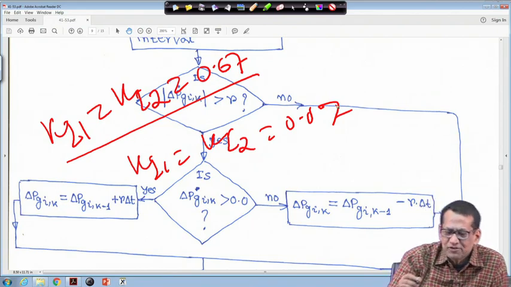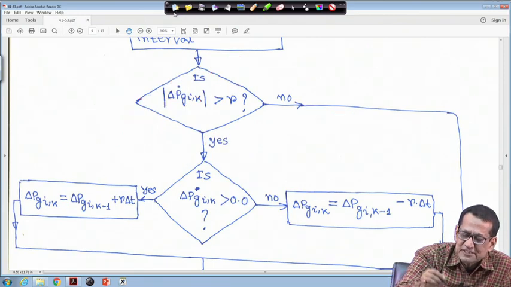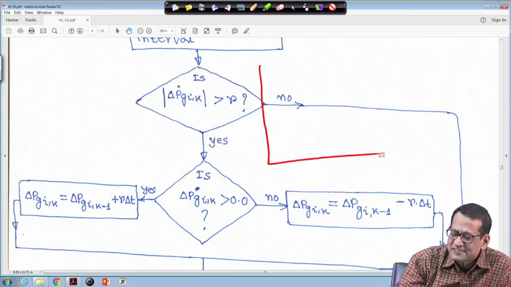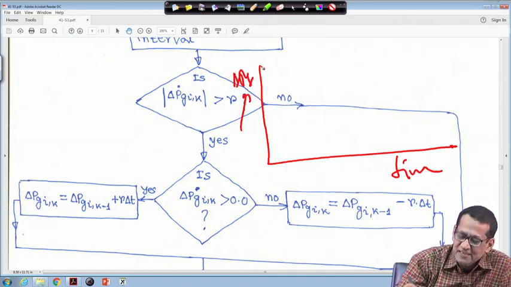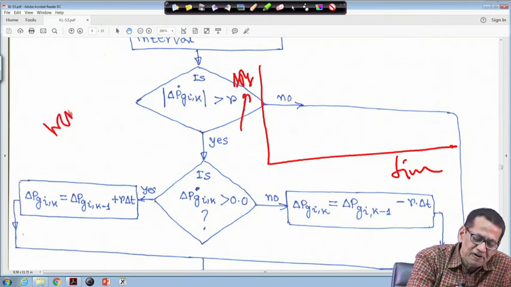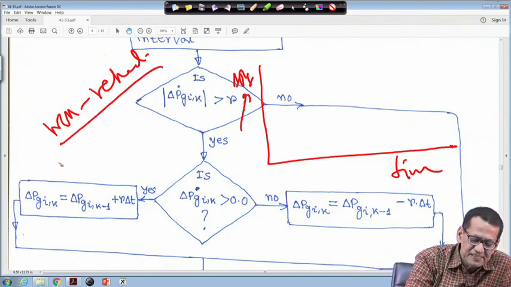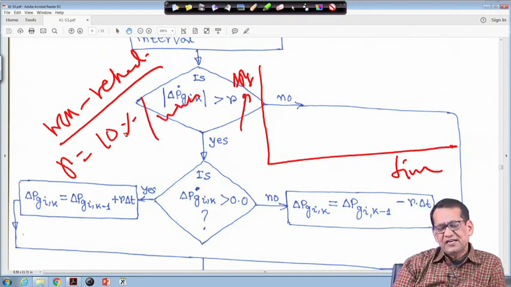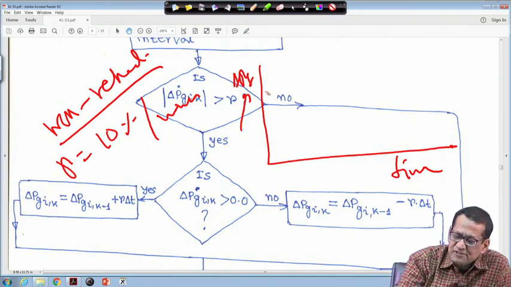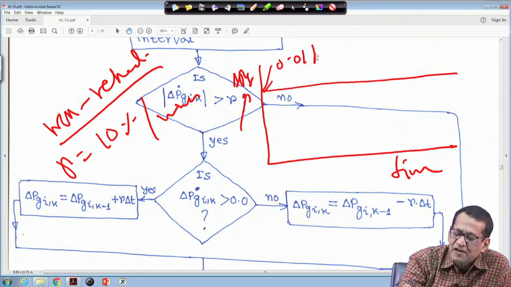In that case, suppose you have a 1% step load disturbance and you are plotting the generation, say this is my time axis and this side is some delta Pg. For the non-reheat type, the generation rate constant is, say, R equal to 10% per minute, that is 0.1 per unit megawatt per minute, right. Suppose your disturbance is this line, say 0.01 per unit megawatt.